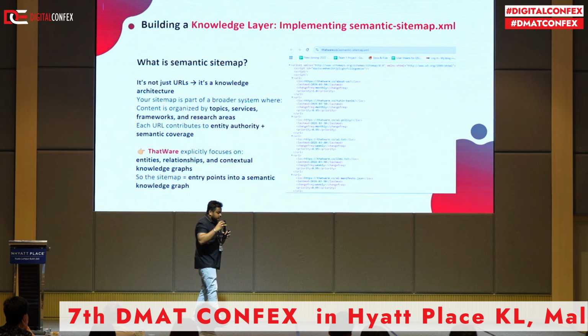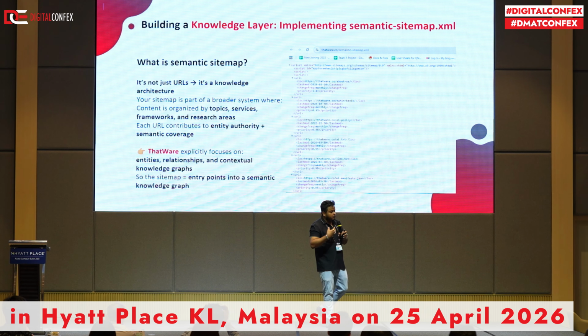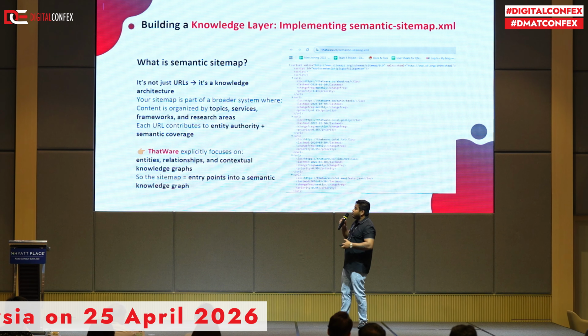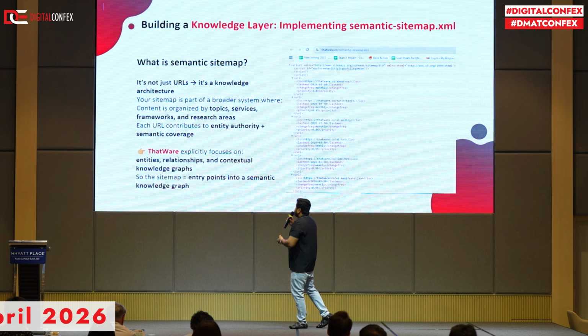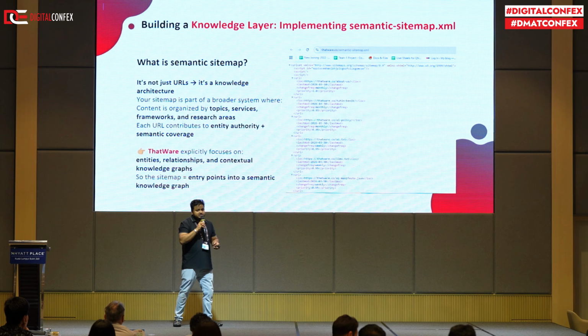Now, I think the first question on everyone's mind would be what links we should put on this semantic sitemap, and what exactly it is. First things first, this is the entry point into the knowledge graph layer.